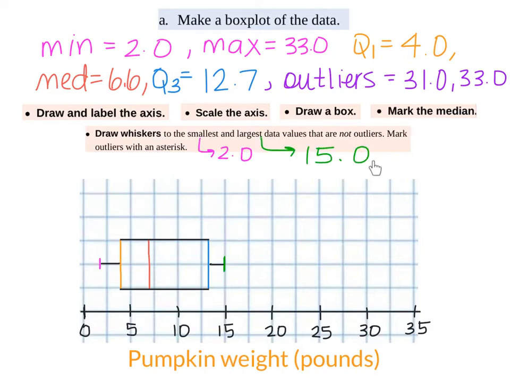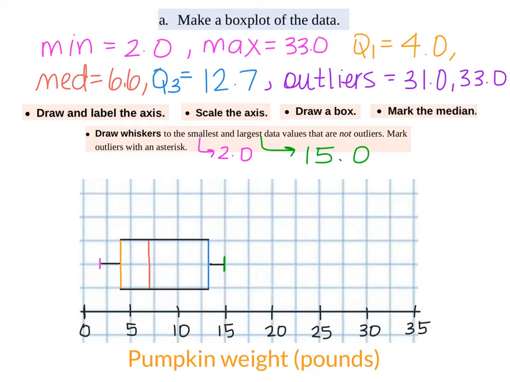Looking back, that number is actually 15, quite a far cry from 31 and 33, which makes sense as they are both our outliers. Our minimum is 2.0 because that is not an outlier here, so that is the left end of our whisker. We join that with just a line right there to our Q1 value. And then that 15 gets marked out here, and then we draw a little line to our Q3 value.